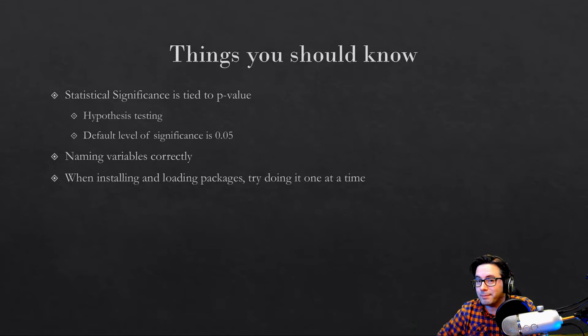Another thing, and I keep saying this each week, make sure you're naming the variables correctly. For instance, if the directions say to call the data frame lab7.data, make sure you're calling it that. Also, don't rename objects. If it's called model 1, don't call it model 5.